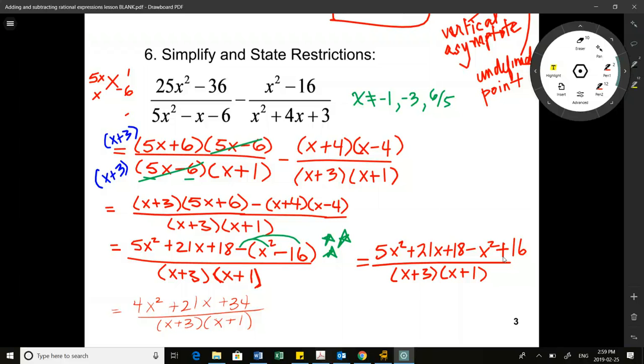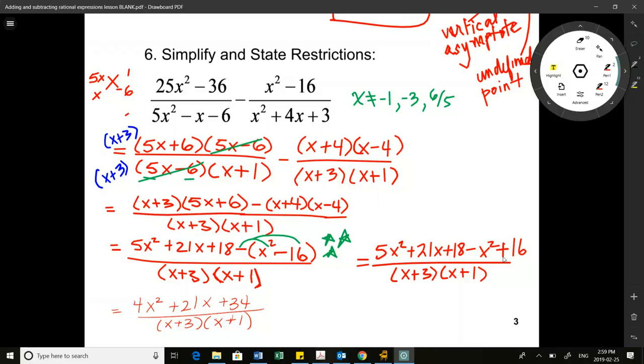Factor or common factor? That is the question. Can I? So I would be looking for what two numbers? Something that multiplies to 4 times 34, which is what? 136, and adds to 21. So this is the question. Can I factor this?